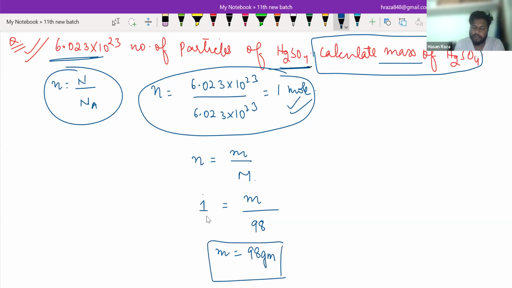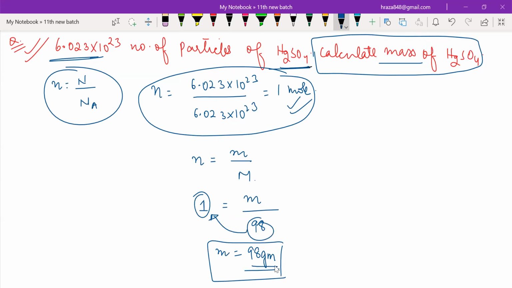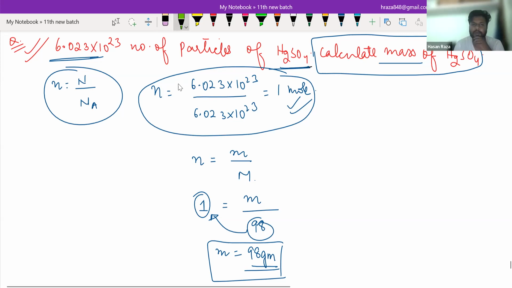Because after putting the value 1 mole and 98 gram, it will multiply and the mass will be 98 gram. Is mole also kind of like mass? That depends. If you have 2 moles here, then the mass will be 2 into 98. This is a situation in which the number of moles is 1.